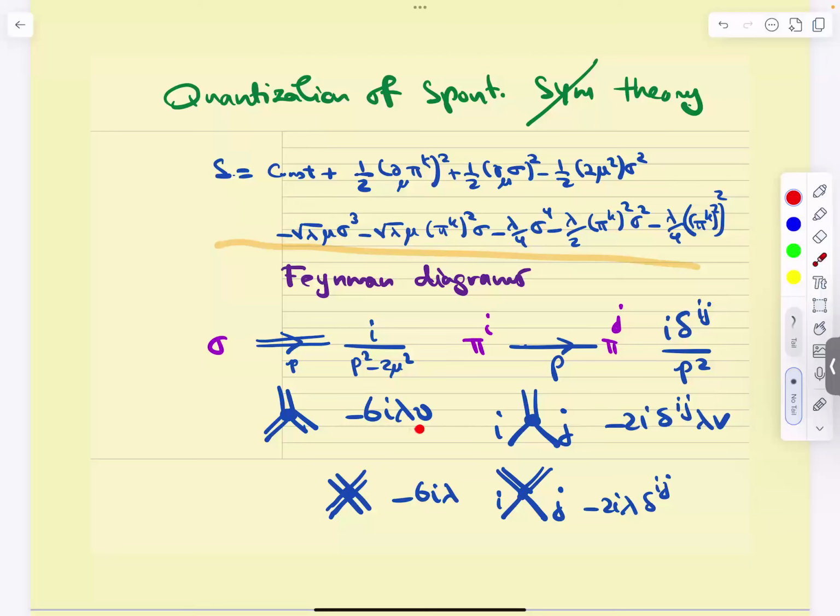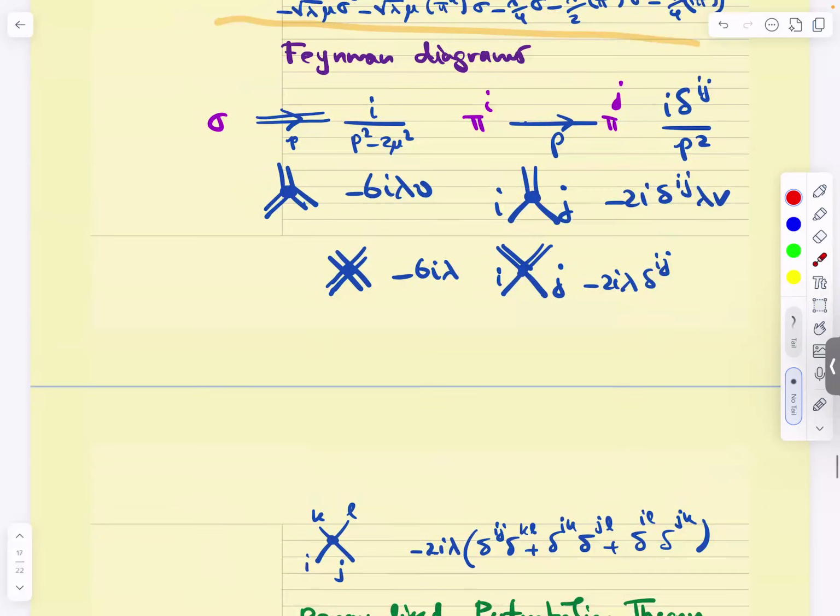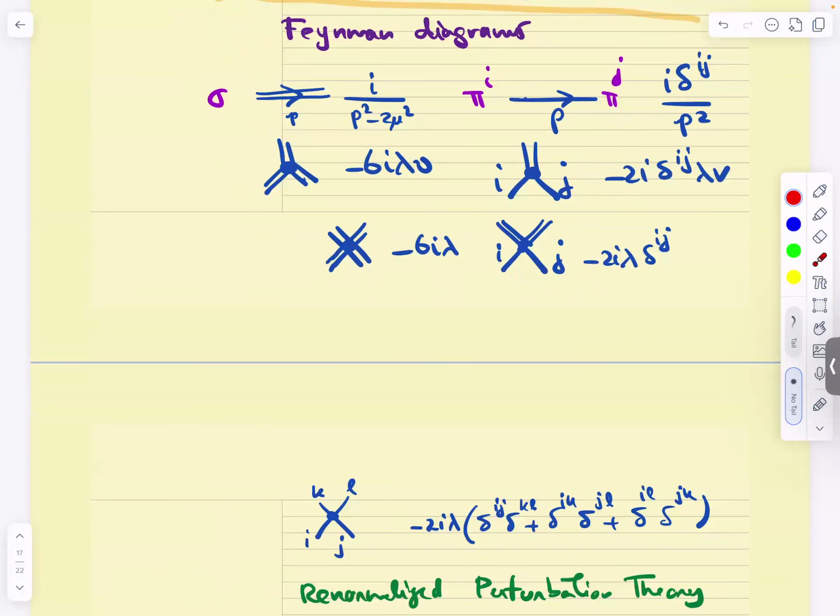I'm writing this in terms of V. Remember there was a relation, square root of 6 over mu or something, with V. So I'm writing things in terms of V. There is a sigma 4 term. And then finally, there's a pi 2 sigma 2 term. There's this. And then there's a pi 4 term. This guy. These are all the Feynman rules. We just read them off.